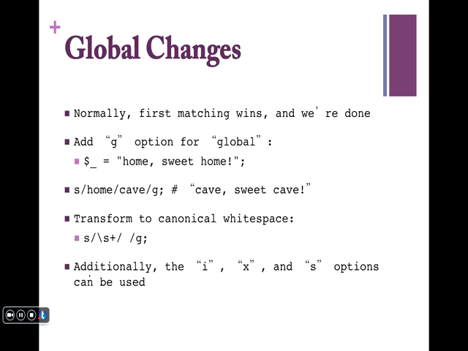Now if I have the following, home sweet home, and I want to replace both of them, there is a way by adding /g at the end of your substitute string. So s/home/cave/g will work on the whole text and will return cave sweet cave, replacing home whenever home is repeated. So g says make it global, make the changes all over the place.